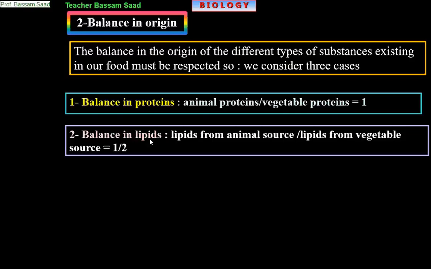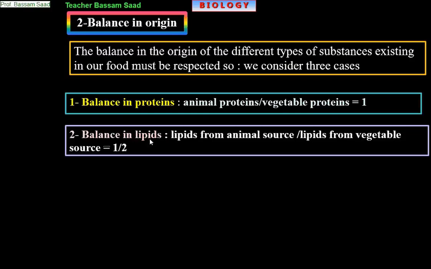Because if you make a cross multiplication, it implies that lipid vegetable times 1 equals lipid from animal times 2. So the quantity of lipid from vegetable must be twice the lipids from animal. It is as if you say the lipids from animal equal half of the amount of lipids from vegetables.